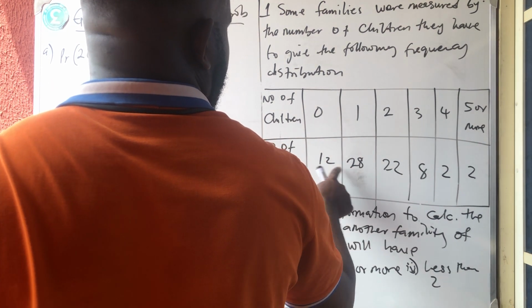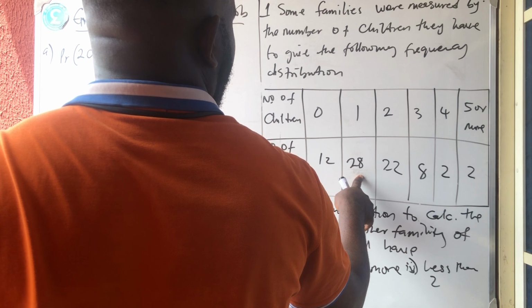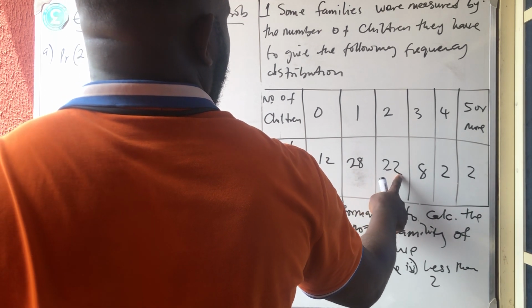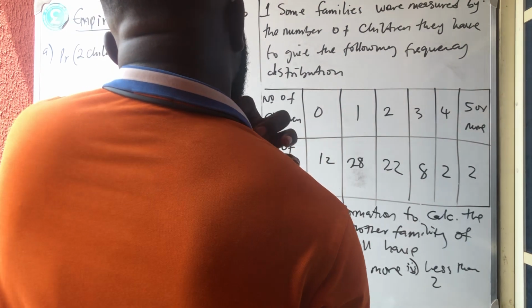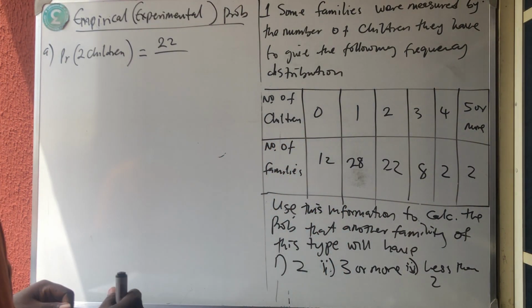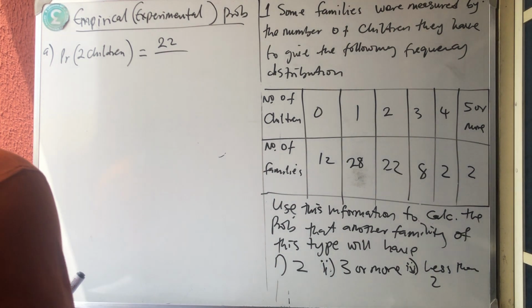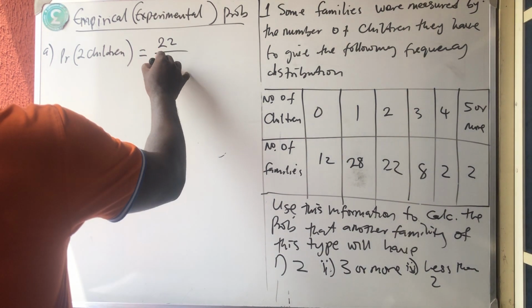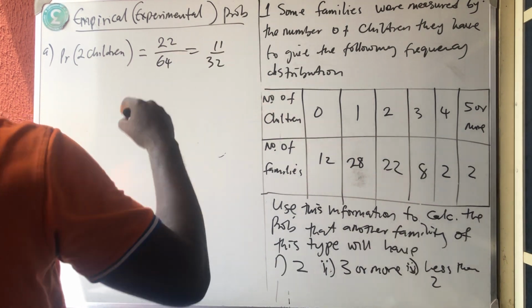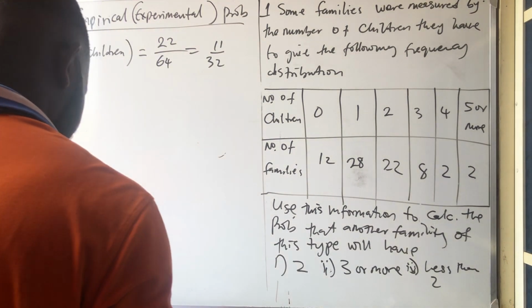I'm having 30 here. 30 plus 20, 50, 52. 52 plus 8, 60. 64. So 64. So if you do everything, you have 11 over 32. As simple as that. Okay.